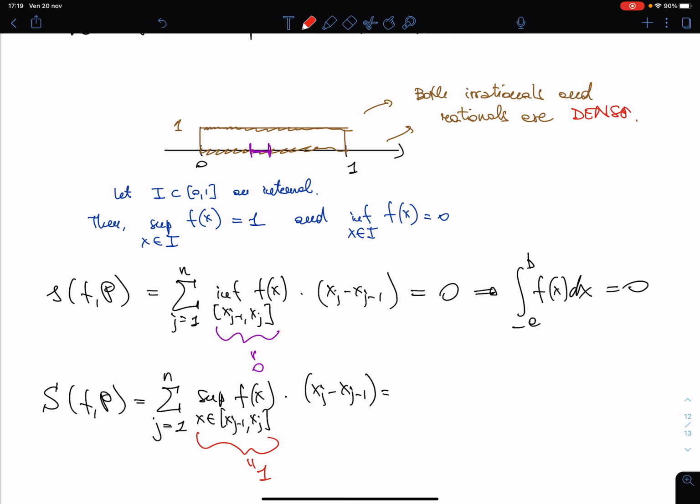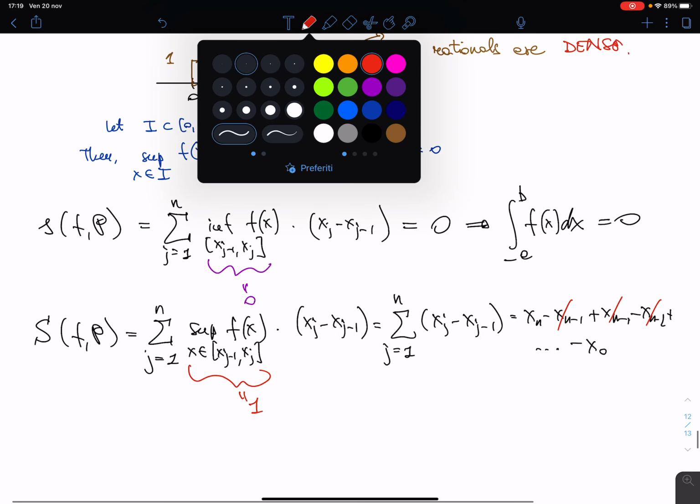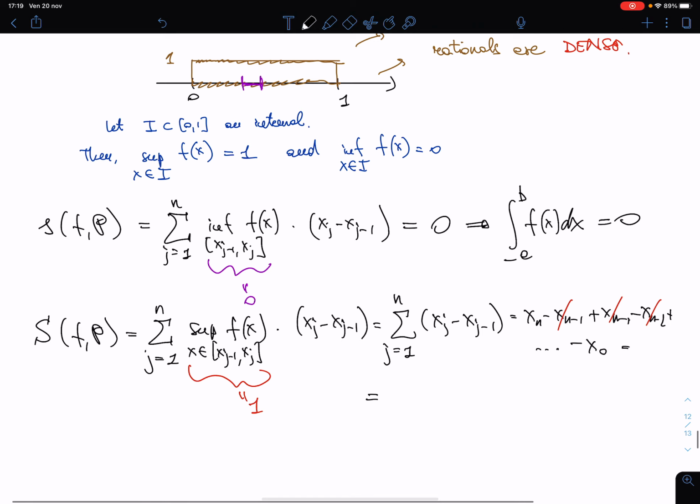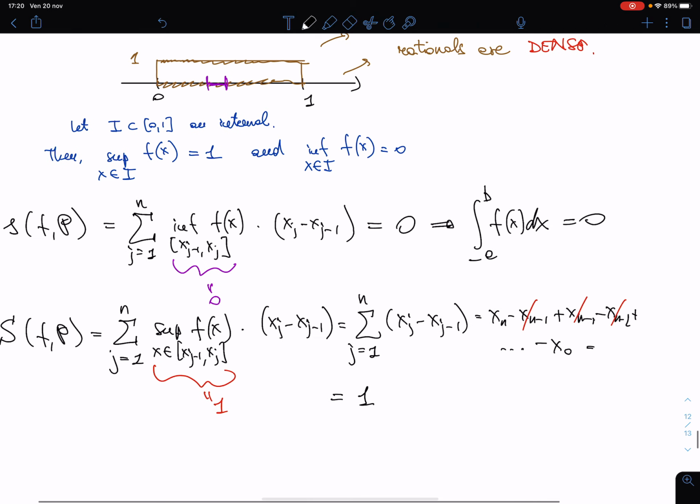So what you get at the end is just the sum for j from 1 to n of x_j minus x_{j-1}, which means x_n minus x_{n-1} plus x_{n-1} minus x_{n-2}, and so on. This is a so-called telescopic sum, so minus x_0. Telescopic means that in couples everything goes away, like when you stretch a telescope and then you compress it, everything cancels, and you end up with x_n, which is 1, minus x_0, which is 0, so this is equal to 1.